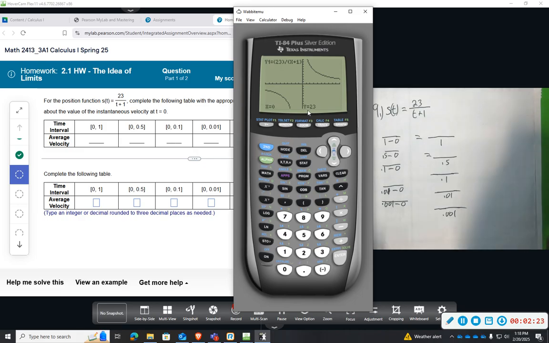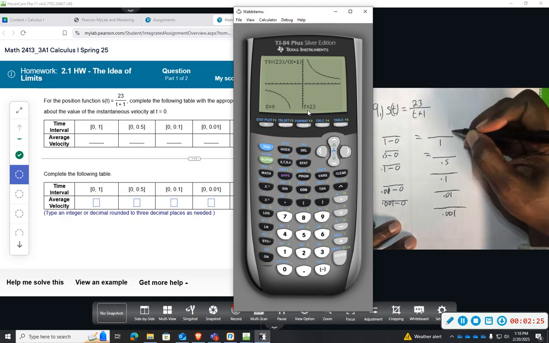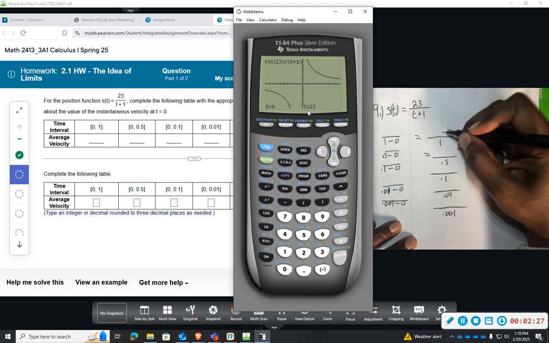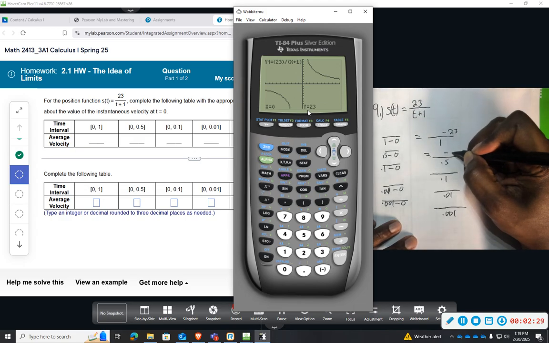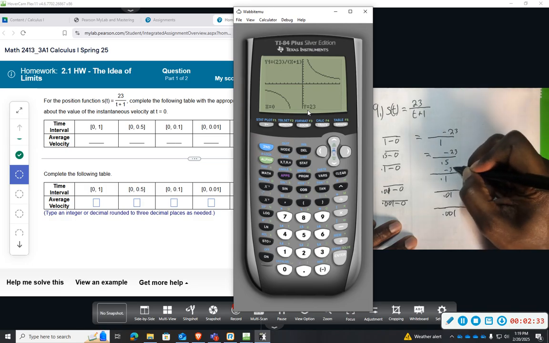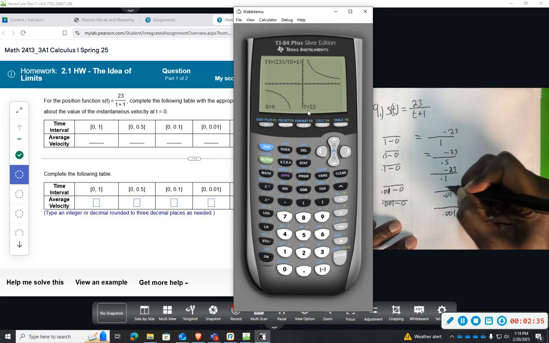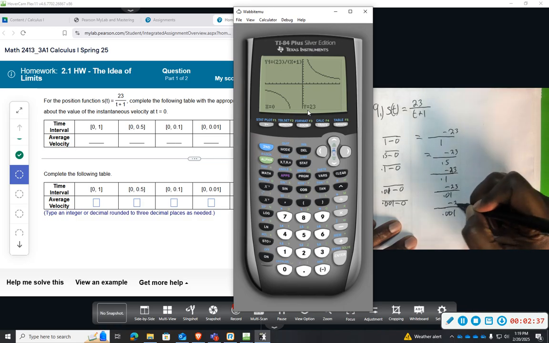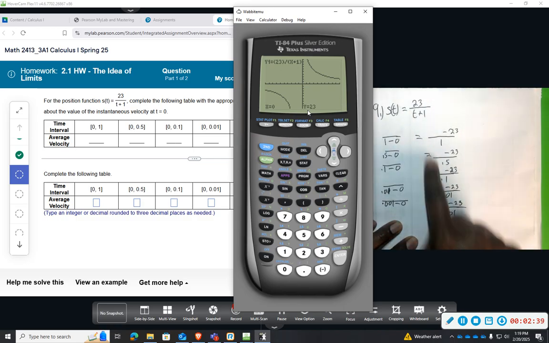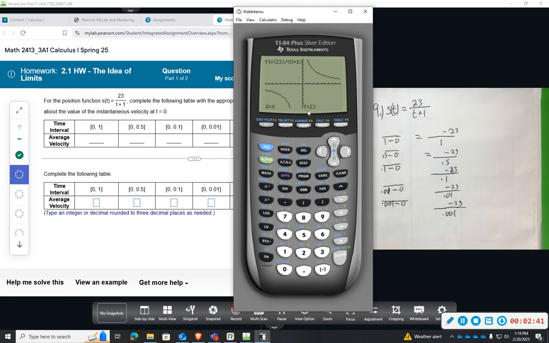So what that tells me is that each time we're going to be subtracting 23, the value when x is 0. And then we just have to find the corresponding y value for the other points. So if I type in 1, I will get 11.5.